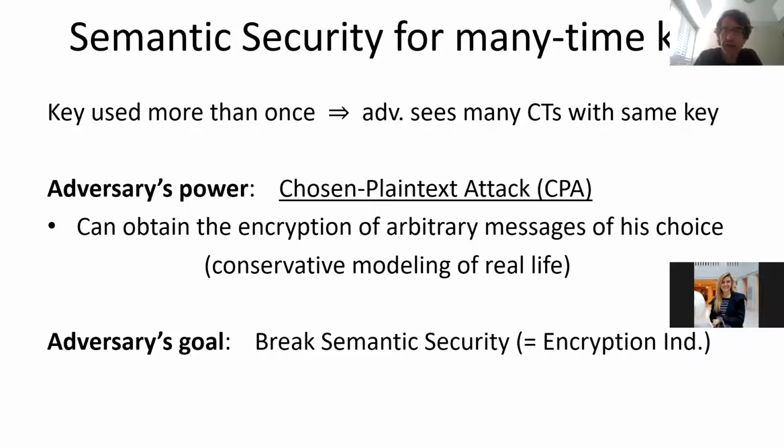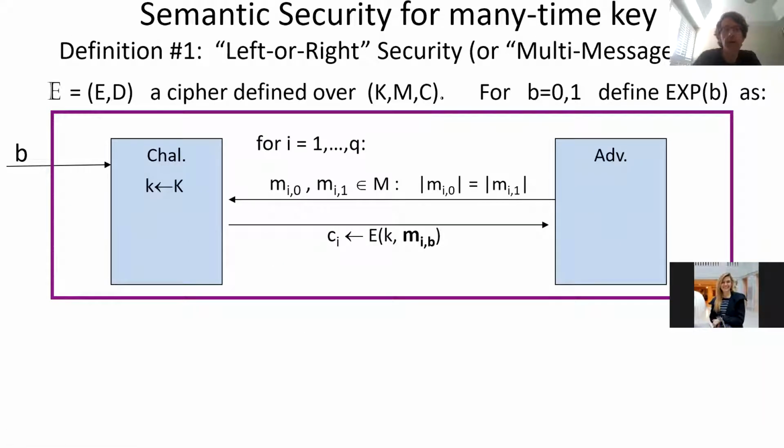And the goal is still the same. It's semantic security, so indistinguishability of some message that the adversary doesn't have certainty about. So here is how this would look. This is one way to specify this generalization of indistinguishability to the notion that covers multiple usage of the key.